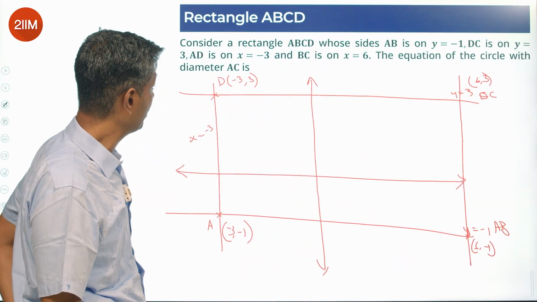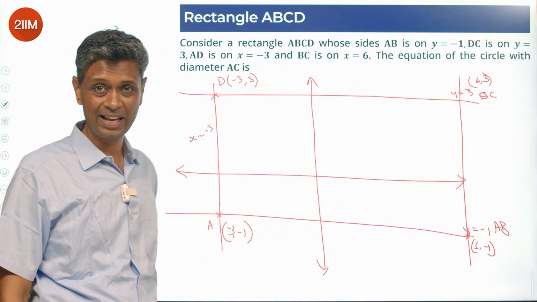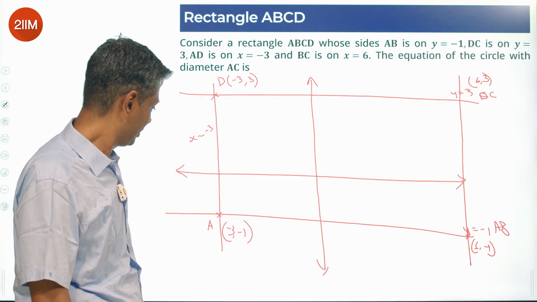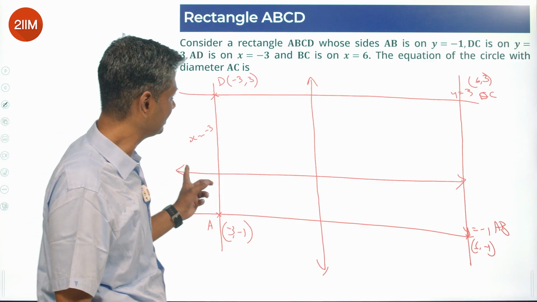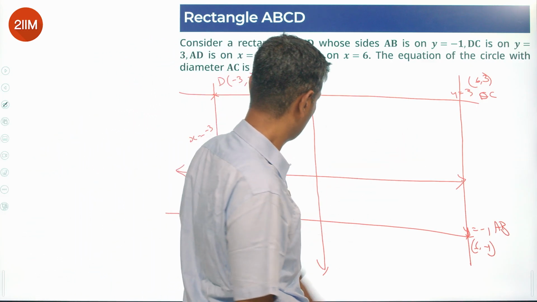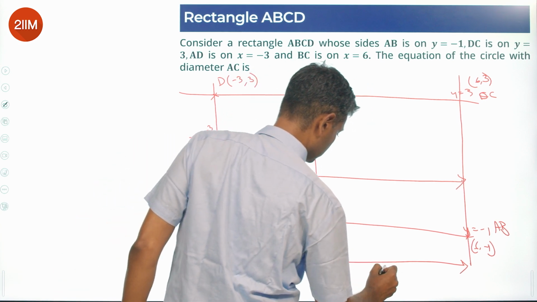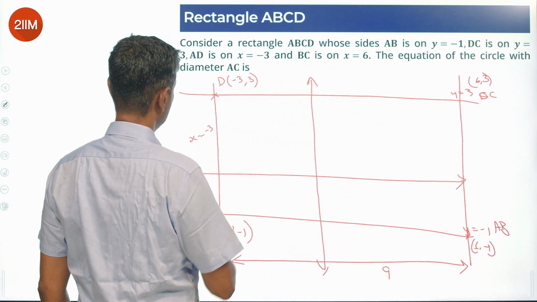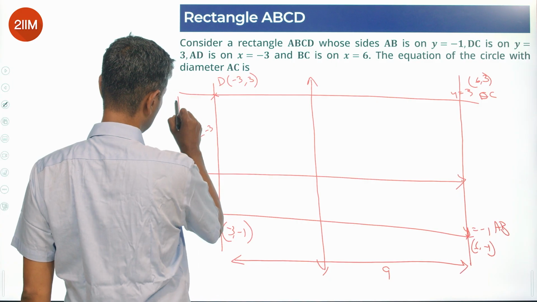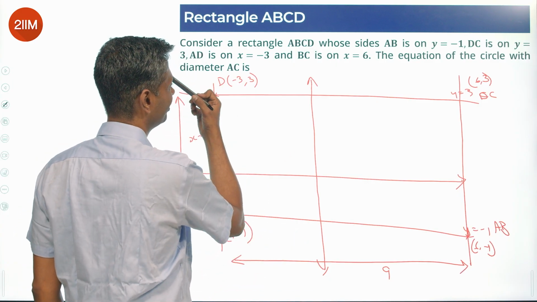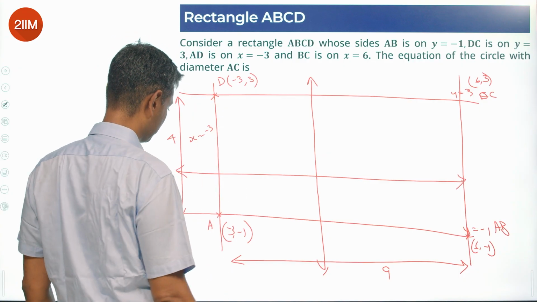Nice. Equation of a circle with diameter AC. So let's find AC. From −3 to 6, this measures 9. From −1 to 3, this measures 4.